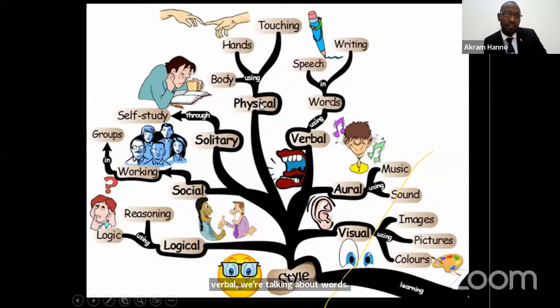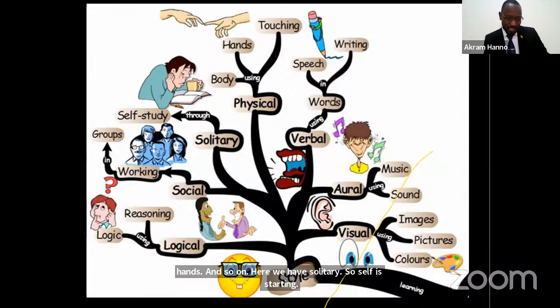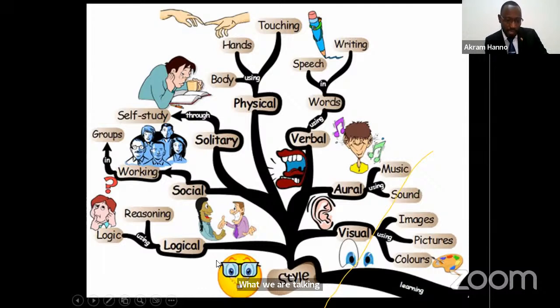Physical is body, hands, and so on. Solitary is self-study. Social is teamwork, working together in groups. Logical is reasoning and logic.